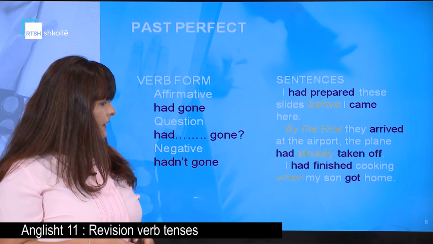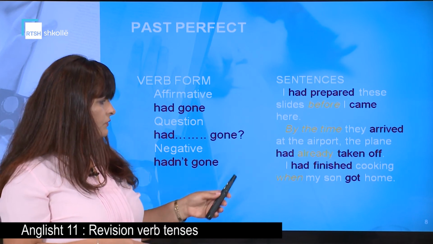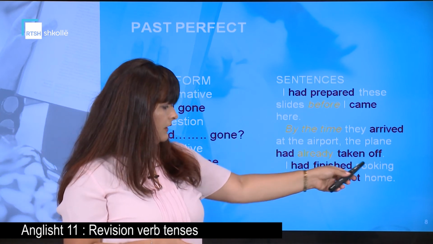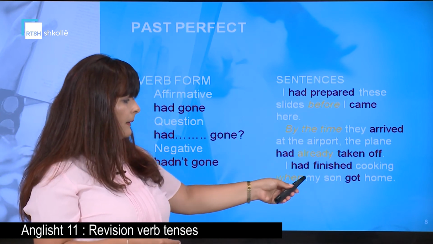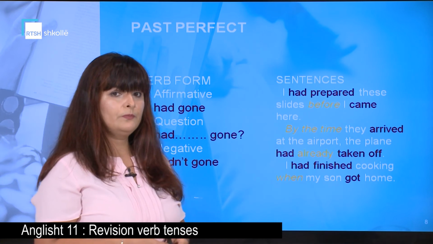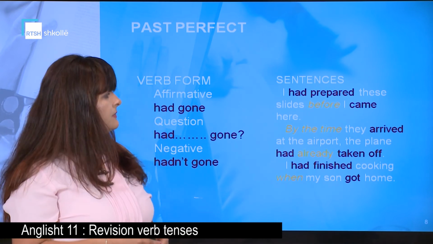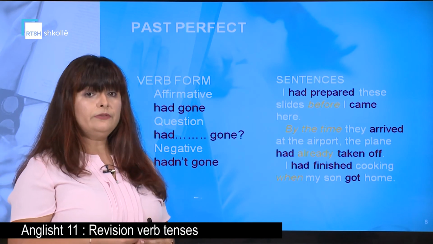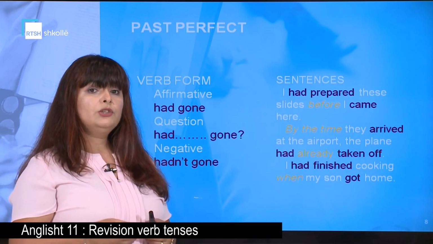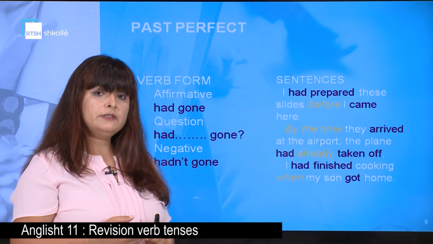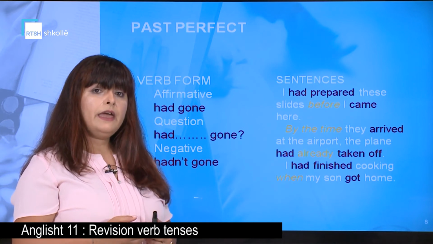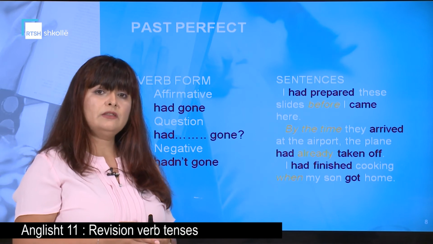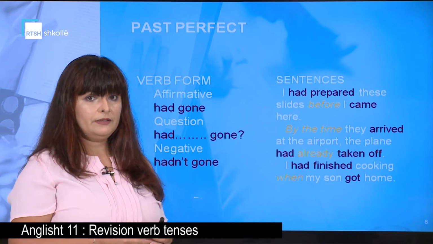Another sentence in past perfect is, I had finished cooking when my son got home. These are some sentences for past perfect. What you should remember in past perfect is that we should have a reference in the past, and the actions that happened before that action in the past take past perfect.